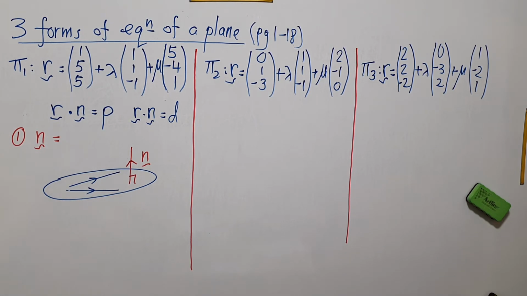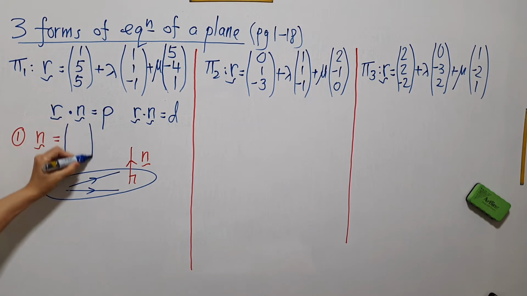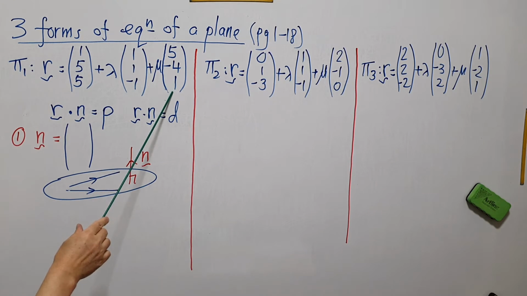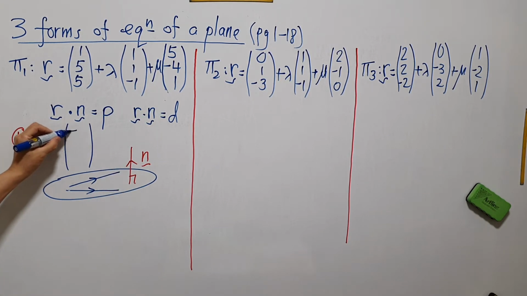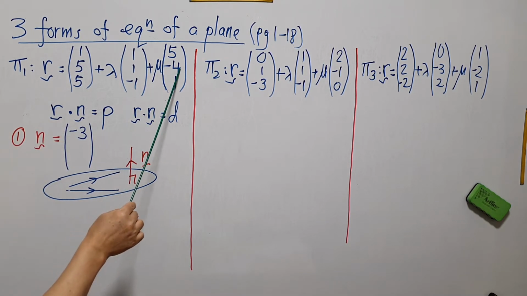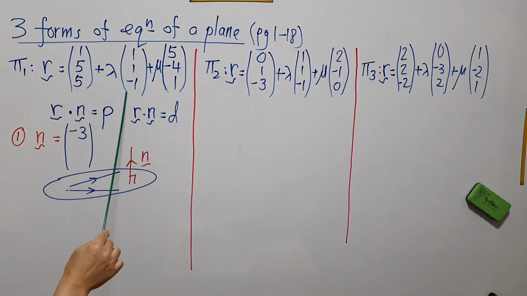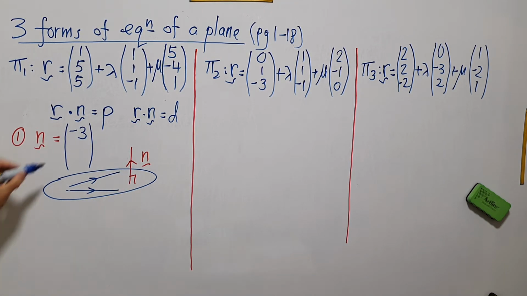How do you perform a cross product? By now you're experts. Cover the first row, and you calculate the determinant, which is 1 times 1 minus this times this. It will give you a minus 3. Then if you cover the second row, it will give you a minus 6.